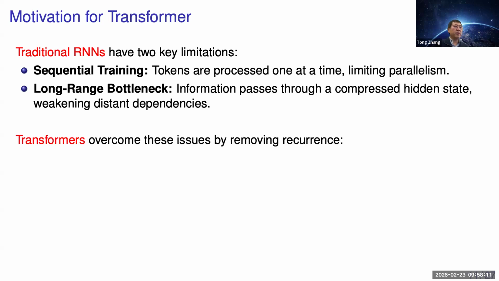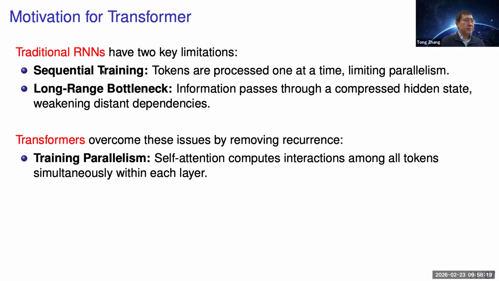So attention gets rid of the recurrence, and the purpose is that this can be resolved: training parallelism. So they introduced so-called self-attention, which we will talk about soon. When you do self-attention, essentially you can compute all the interactions simultaneously because there's no recurrence forcing one at a time.